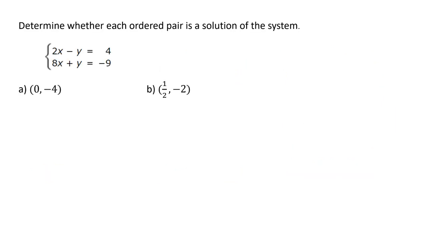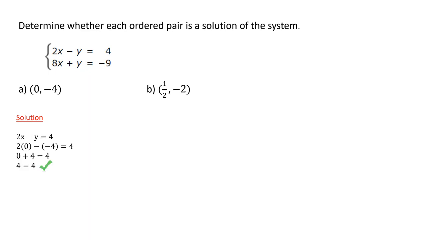Okay, now let's say we have a system, and usually you'll see a system written in this form with the two equations and a little brace on the side. We want to know, is the point (0, -4) a solution to this system? In order to check that, we substitute our point (0, -4) into the first equation. So I have 2 times 0 minus -4 equals 4.